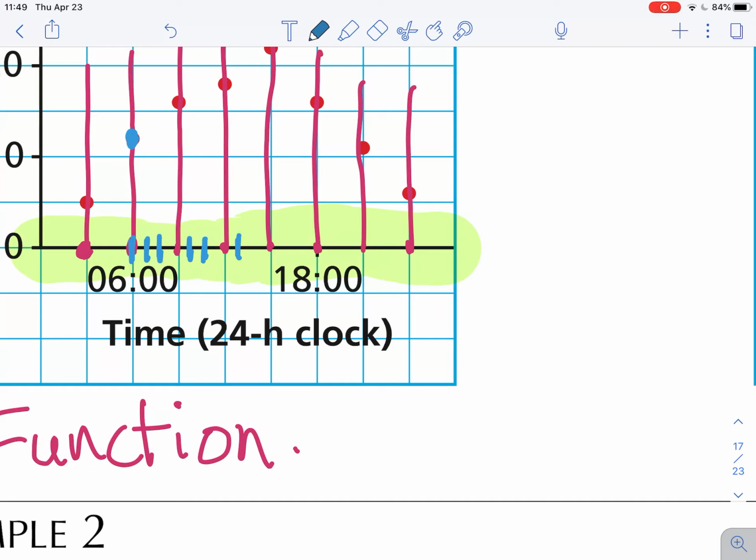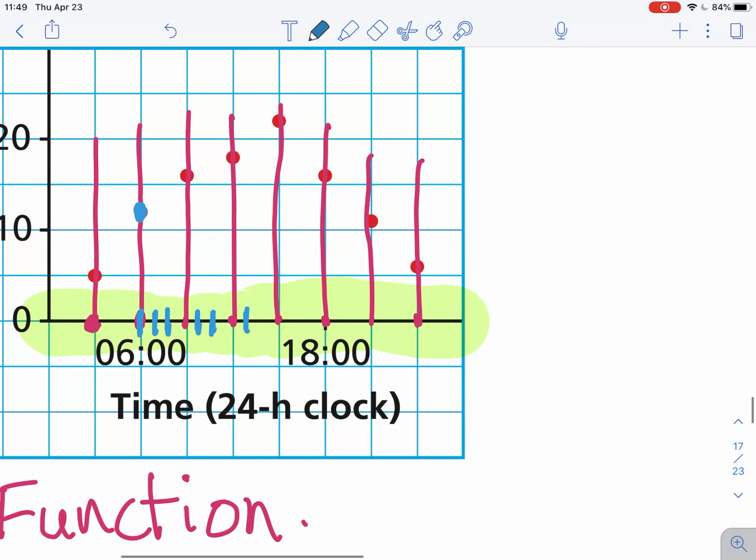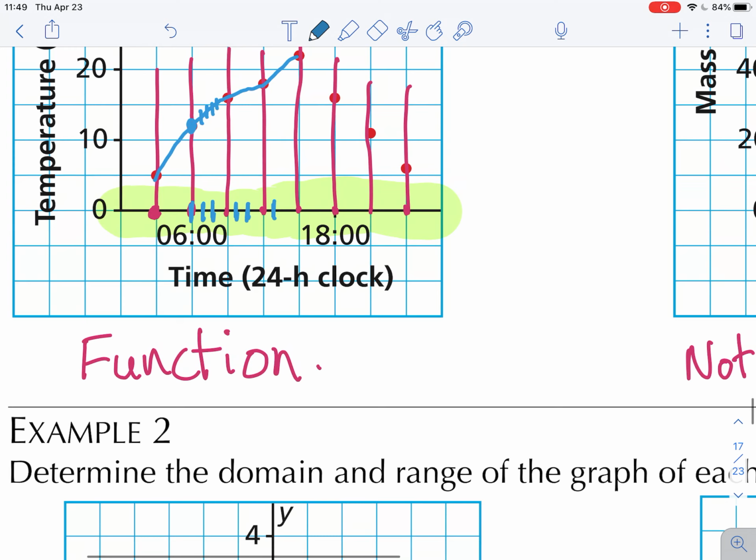In other words, we have a temperature here for 6 o'clock, but would it also be possible to have a temperature for 6:01? Would also be able to have a temperature for 6:01 and 10 seconds. It's asking us, would it make sense to draw a line here to indicate that there's a temperature at every point in time during the day? In this case, I would say yes, the in-between values would make sense.